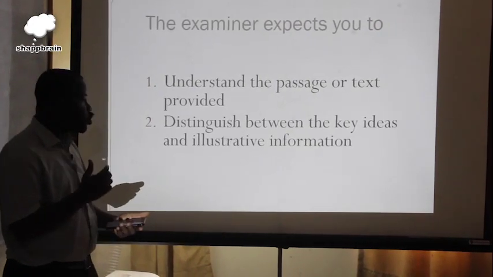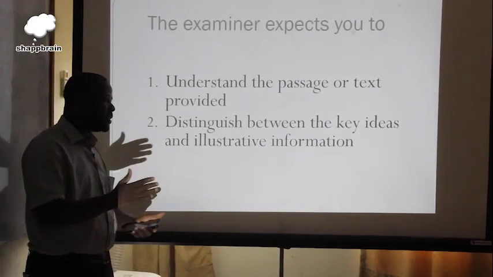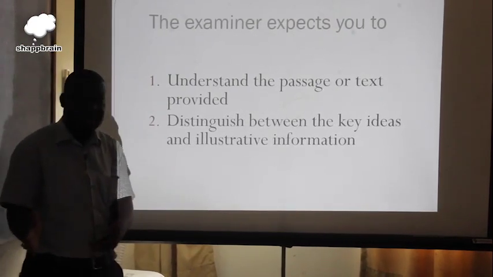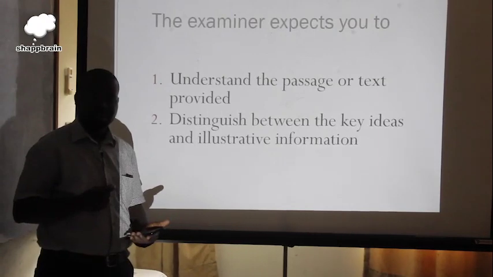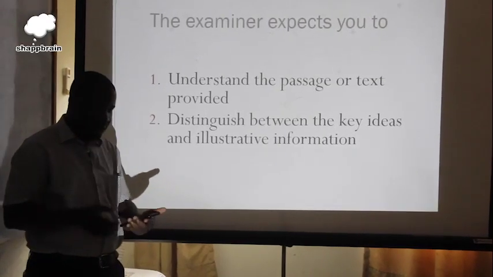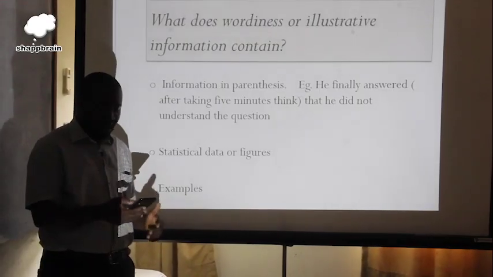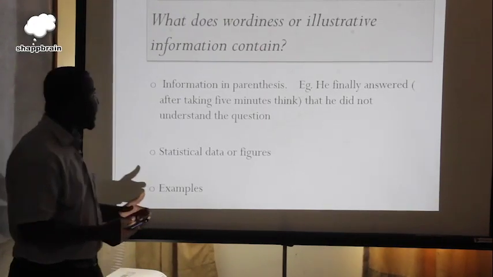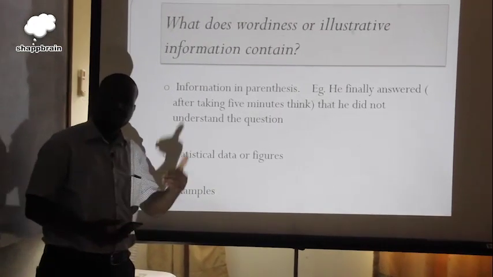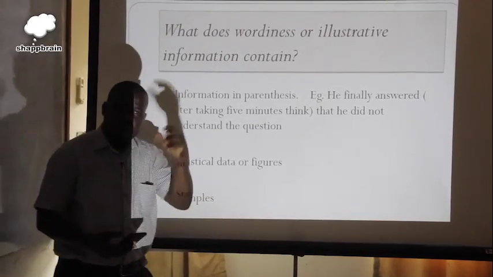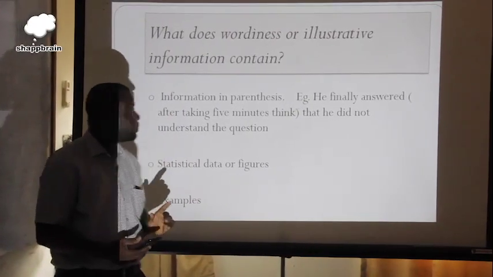Number two, you must be able to distinguish between the key ideas and the illustrative information. Right? Let's move on so that you get to understand what we mean by wordiness or any other information which is not relevant to what you need as your answer.